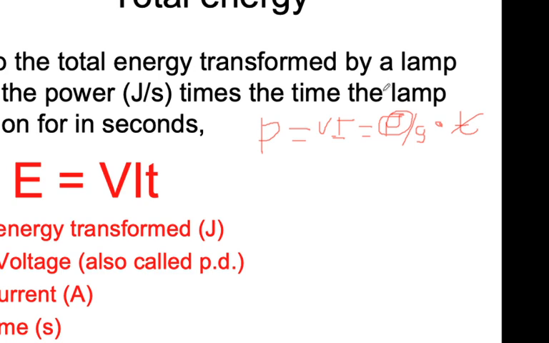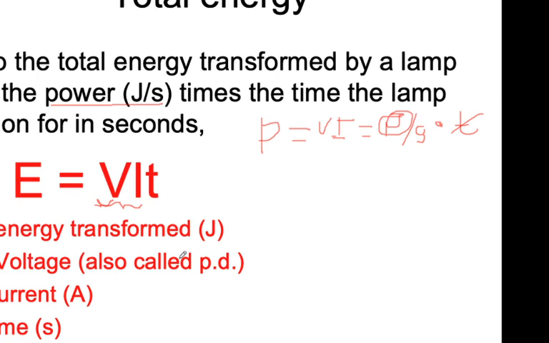So the total energy transformed by a lamp is its power in watts or joules per second, multiplied by the time that the lamp is on. So we need to have the power consumed from voltage and current, our power formula, and we're going to multiply it by how long that's actually running, right?